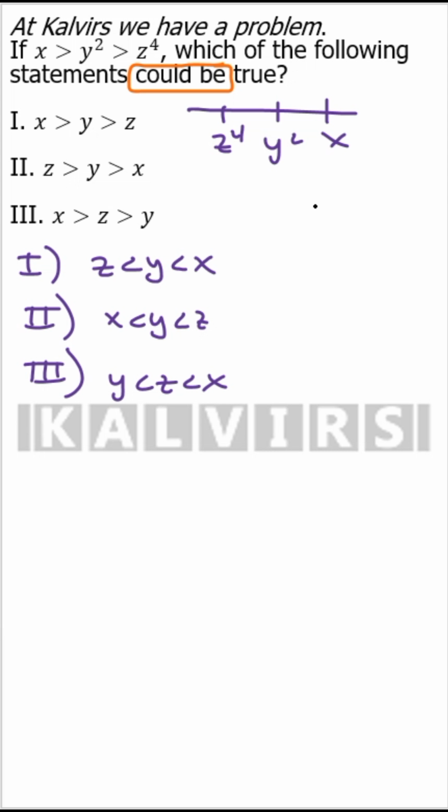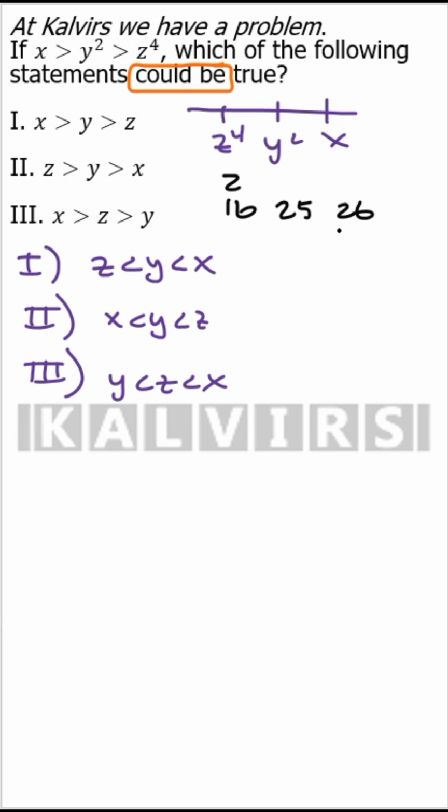The first thing I realized is that it's not natural that z to the power of 4 is lower than y squared, and y squared is lower than x. It means I probably need to work with big numbers in the integers. If I choose 2, 2 to the power of 4 is 16, and I need another bigger like 5 squared, which is 25, and then the bigger one, 26.